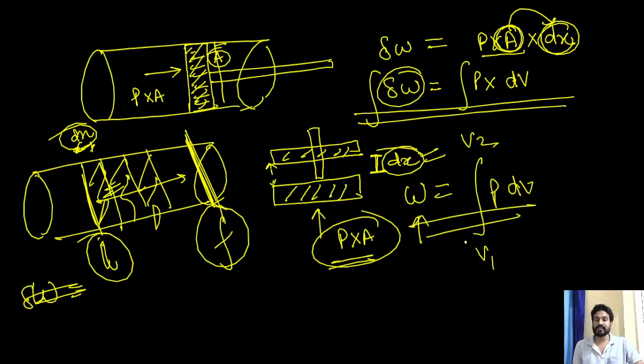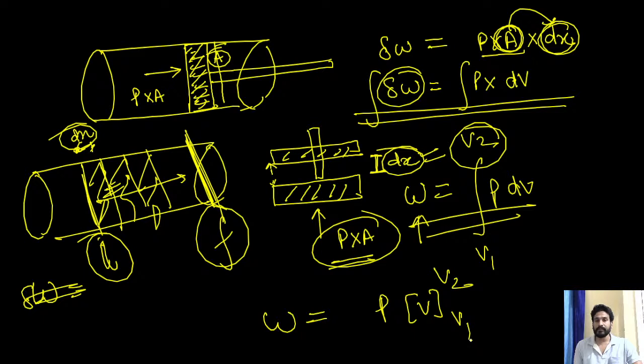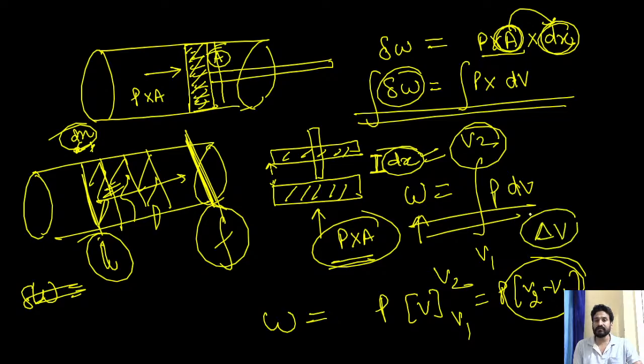What is this? This is the total work done. If you write it, then P is constant, so W is equal to P times the integration of dV. What is the integration of dV? It is V only. Upper limit V2, lower limit V1. So it is P into V2 minus V1. What is V2 minus V1? It is nothing but delta V. So what do we get again?